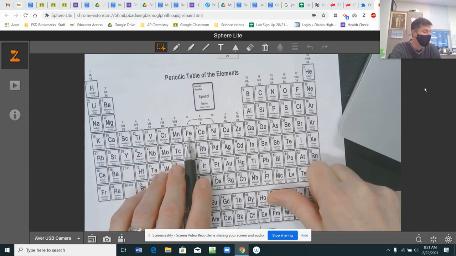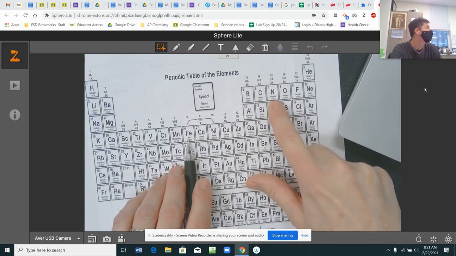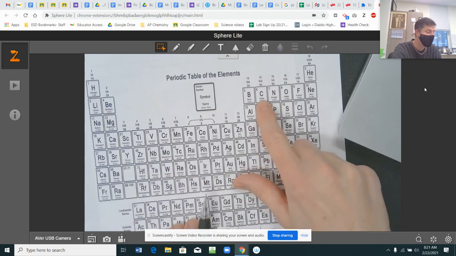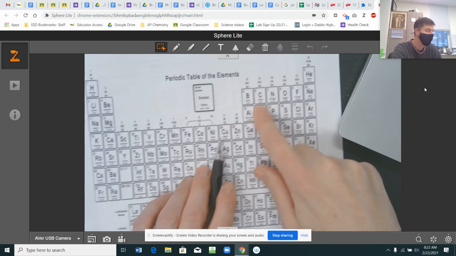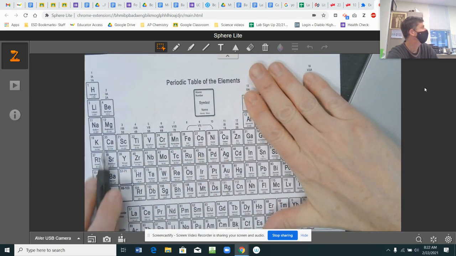What if I was doing Fe and N? Which one of these would I write first? Iron. So I'd go Fe and then N, right? What if I'm doing C and then Cu? Between C and Cu, which would I write first? The Cu, right? All of these have what charge to them? Positive.